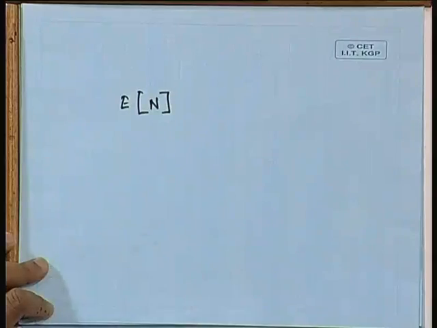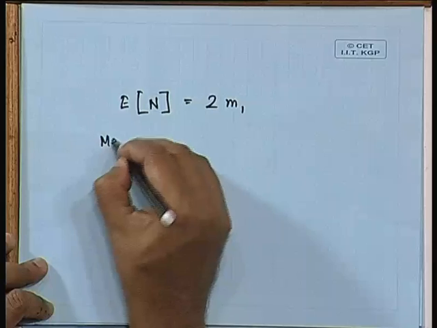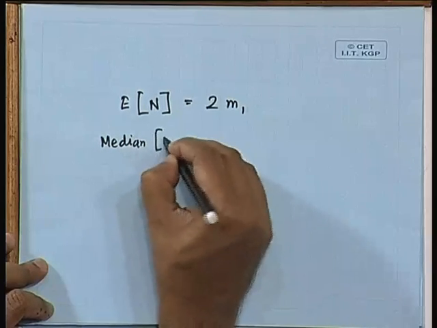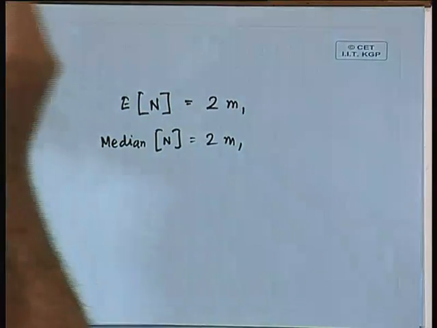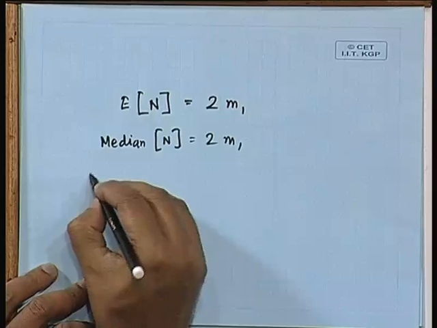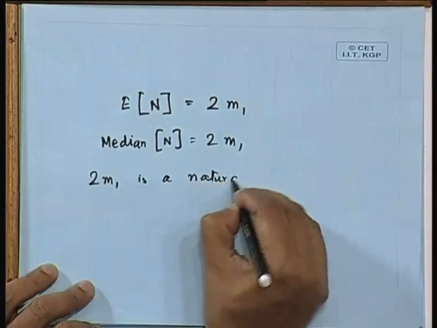In fact, if we go through this mathematics, the expectation of n out of this negative binomial distribution works out to be 2 times m1, and even the median of n is 2 times m1. So, we can definitely say that 2 times m1 is a natural capacity of separability.